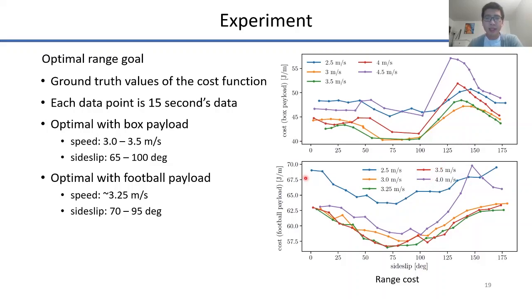For the box payload, the range cost function reaches a minimum value when the speed is between 3 to 3.5 meters per second, and when the side slip is between 65 to 100 degrees. For the football payload, the optimal speed is about 3.25 meters per second, and the optimal side slip is between 70 to 95 degrees.